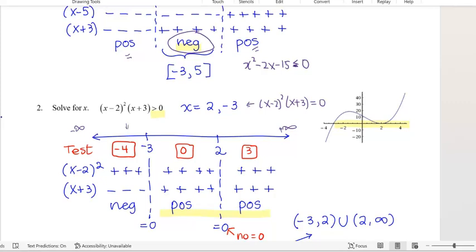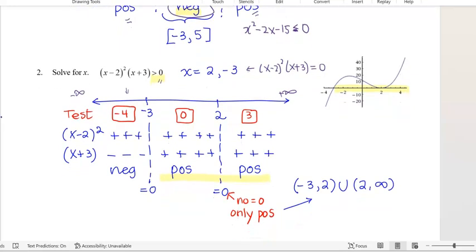Then I test the sign. The first one is negative, from -3 to 2 is positive, and 2 to positive infinity is positive. The question asks for greater than 0, so that's positive. That tells me that from -3 to 2 and 2 to positive infinity all match my required inequality of greater than 0.